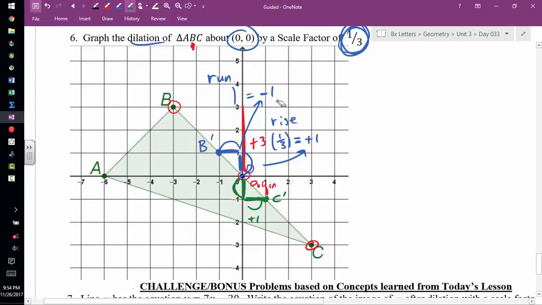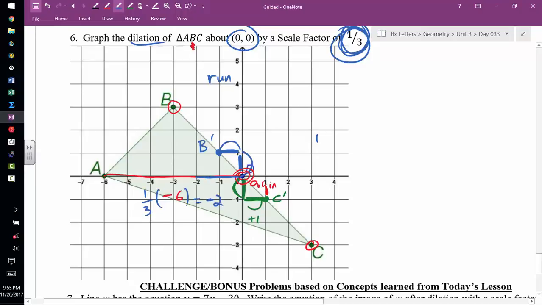But now we're going to deal with our last piece, A prime. So A is like the easiest one, because to get from our point of dilation B to A, we just went a run of -6. So we want to multiply that by our scale factor, 1/3, and that's going to be -2.